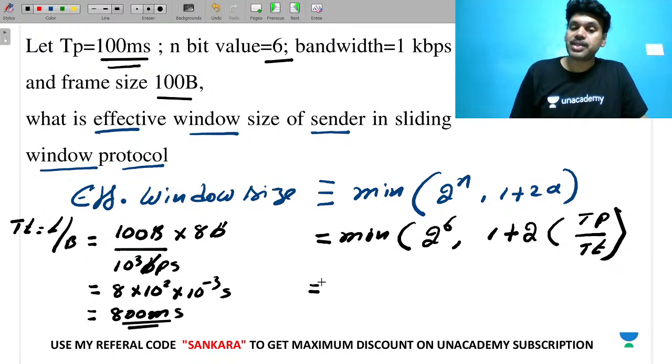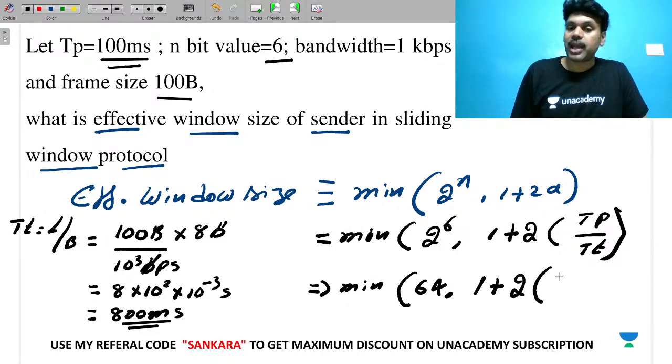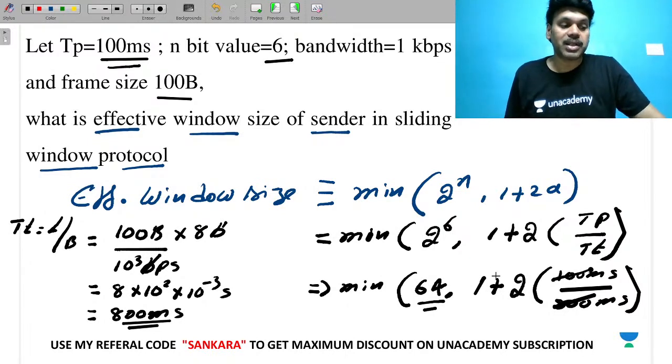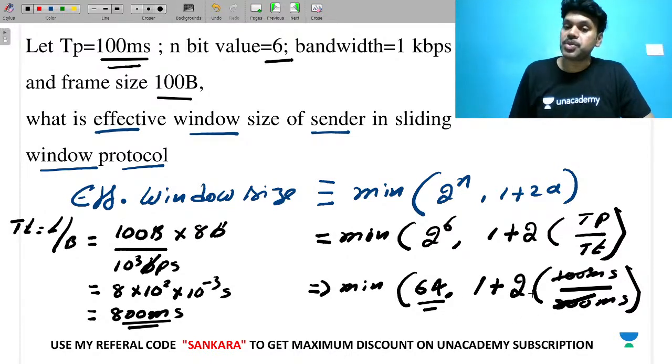So what is your answer? This is equal to minimum of 2 power 6, which means 64, and 1 plus 2a, which is 100 ms divided by TT, which is 800 ms, which is 100 by 800, which is 0.125, into 2, plus 1.